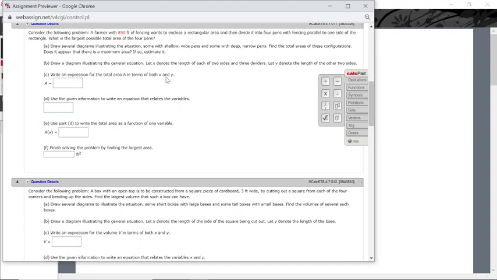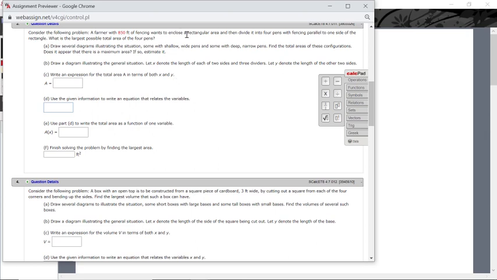The variables here are x and y. They've chosen x and y for this example. They're letting x be the length of each of the two sides with 3 dividers, and letting y denote the length of the other 2 sides. So we might call these length and width, depending on our diagram, but they're referring to them as x and y.